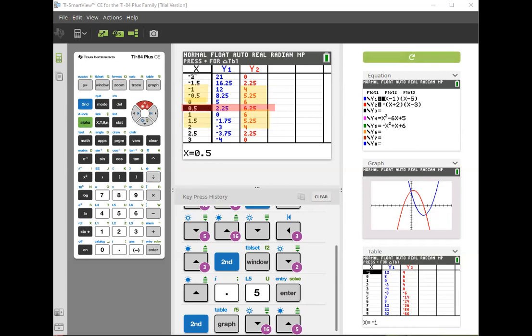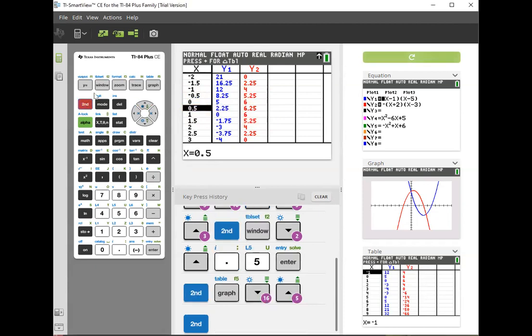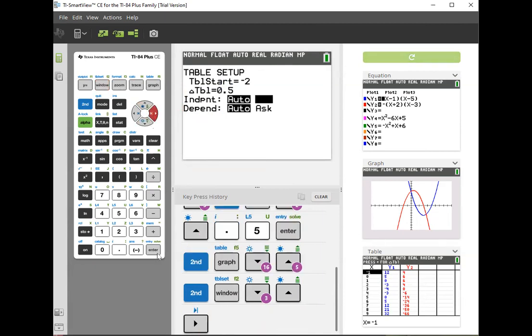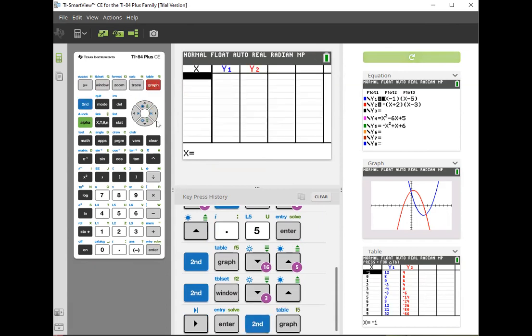Other teachers don't teach scaling the domain values so that they're in some step that is useful for the location of the vertex. Since it was at a half, it makes sense to set the domain as half steps. But some teachers also teach that you can change the table settings to ask for values, since we know that the vertex is at a half.